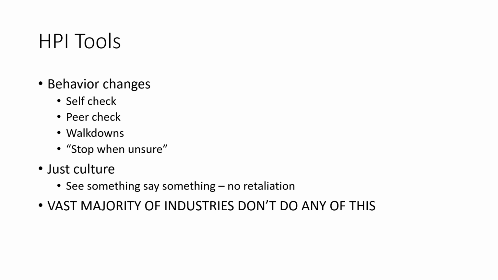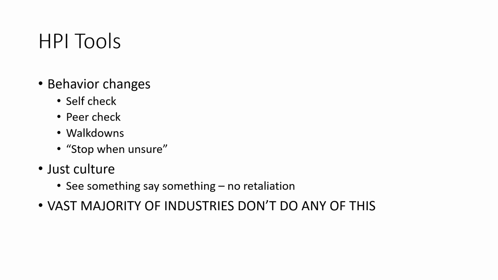This is where you have a work task in an area or maybe on a particular piece of equipment, and long before you actually do the work, you go and walk around the physical space, see where you're working, what you're doing, so that you can start to build that mental model in an accurate way, and be aware of any risks. You'll also hear stop when unsure. So that's the idea that you can stop if you think you're doing something wrong or something seems fishy.